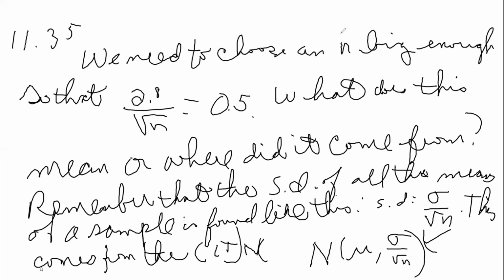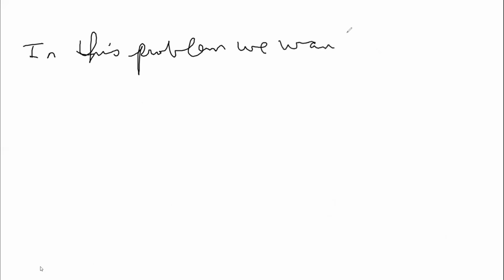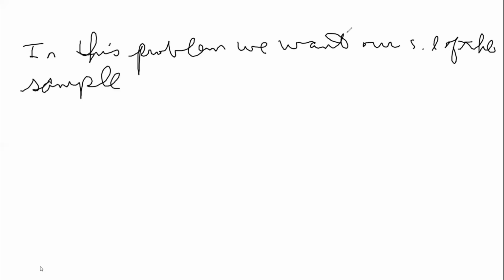So I'm going to continue writing and talking here. So in this problem, we want our standard deviation of the sample to be 0.5. Remember, we're taking a sample of a bunch of guys in college. Probably some of them are not wearing masks.